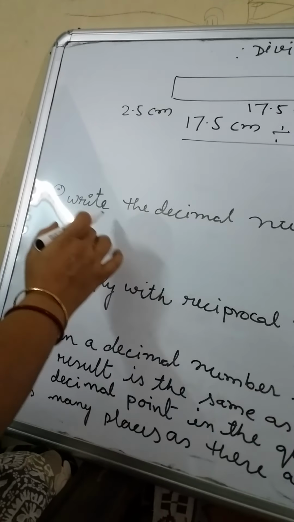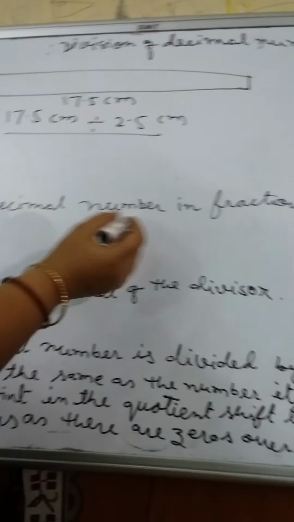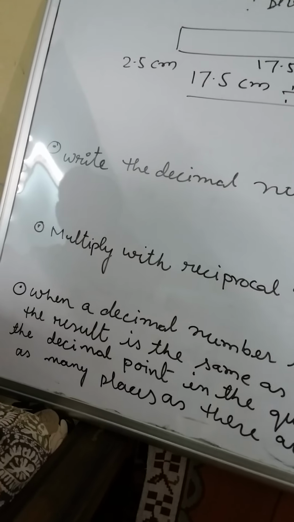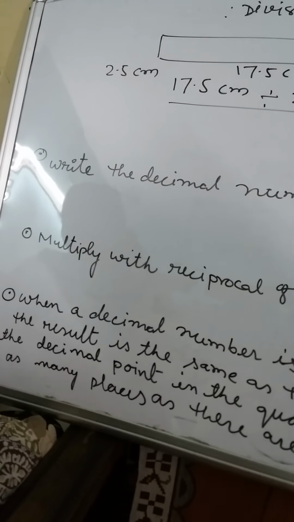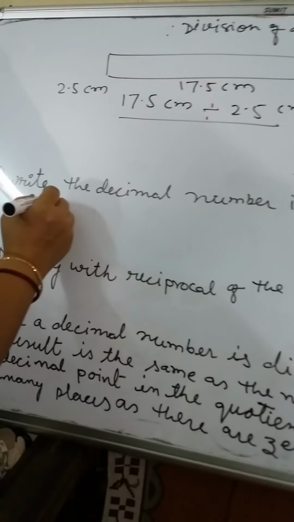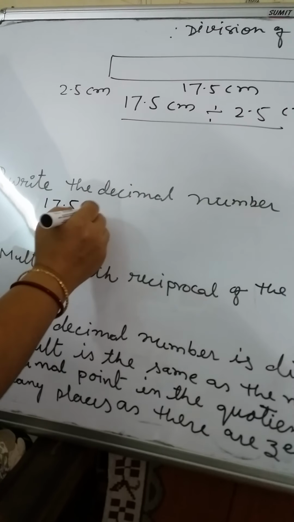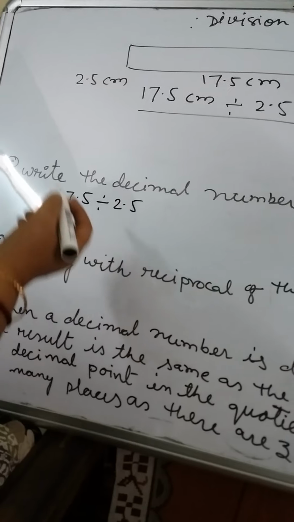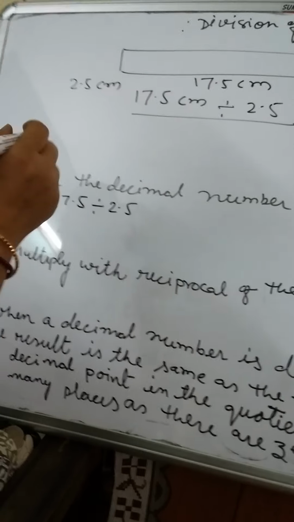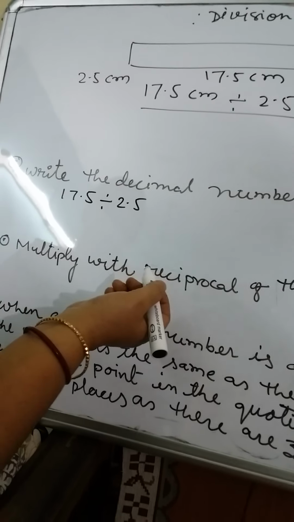First, write the decimal number in fractional form. Say 17.5 divided by 2.5. So how to write a decimal in fractional form?